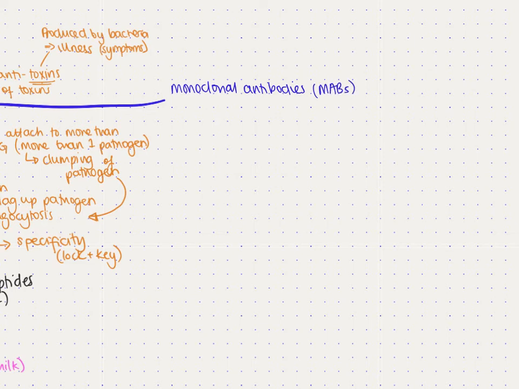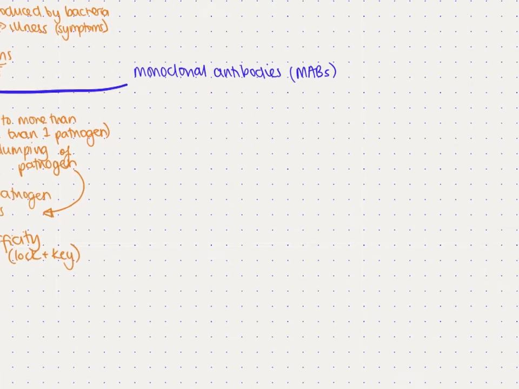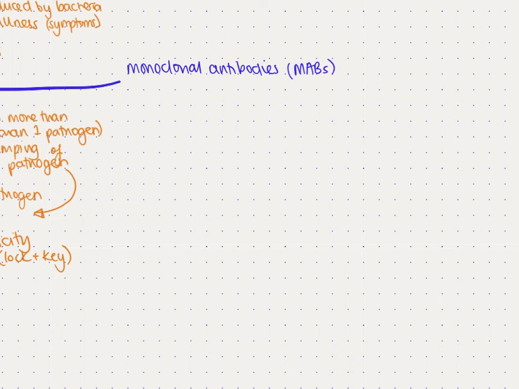Now, we're not going to go into a great deal of detail about how they're used. You can look over the monoclonal antibodies, lesson 2.18, if you're not sure, but they are lab produced and they are used therapeutically. By therapeutically, I mean for testing or treatment.